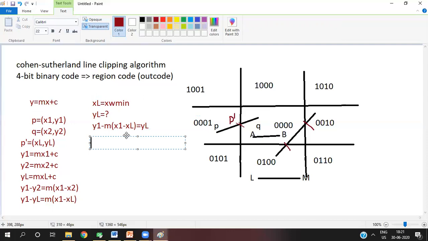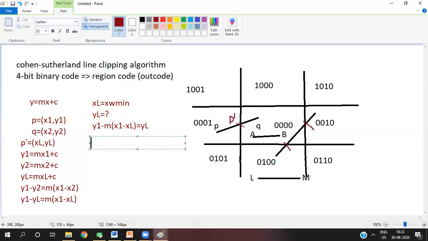Yes, line points are known to you. Slope, can you calculate? Yes, y2 minus y1 divided by x2 minus x1. You can calculate the slope over there. And what about x1? x1 is known. xl, we have seen, is equal to xw mean over here, right? So that is about yl point. Okay, you can easily calculate the yl point.